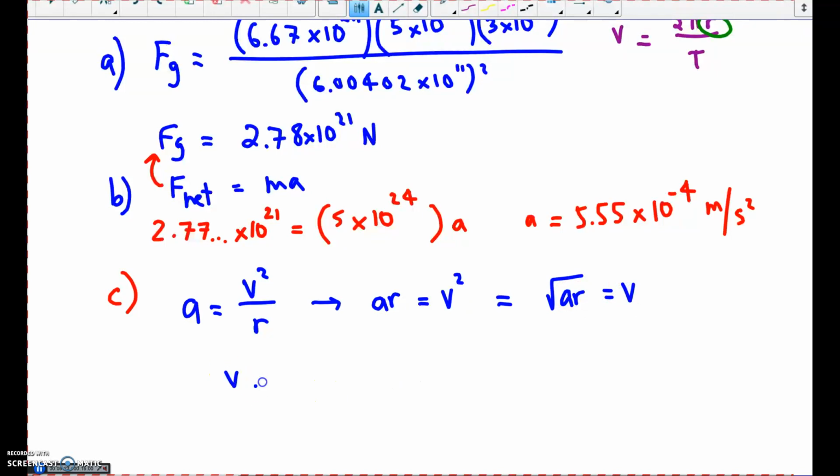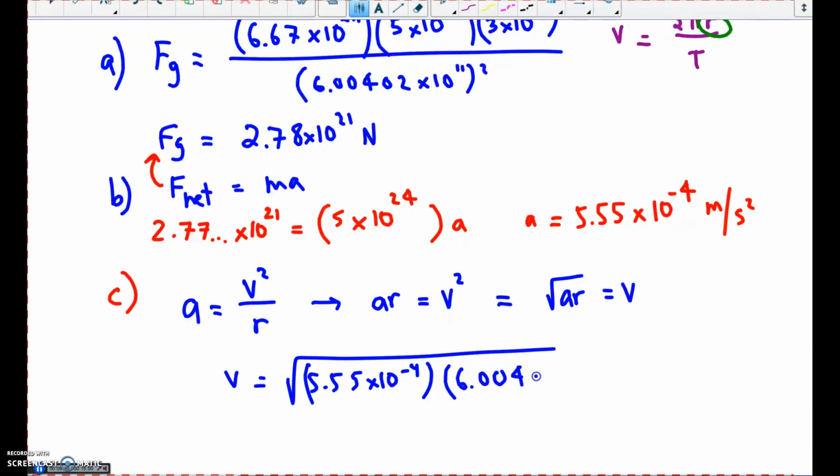So what do I have to plug in? Well, I have to plug in the acceleration from above, and I do the entire unrounded value, and I multiply by radius, and again, as always, we use the entire full radius, the same value that we calculated above.